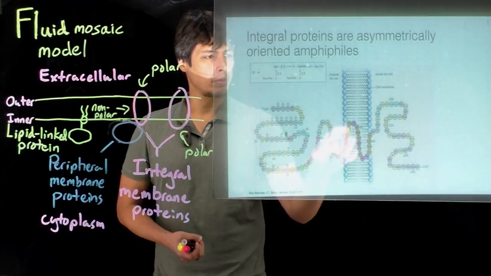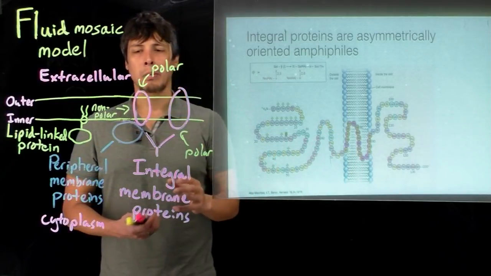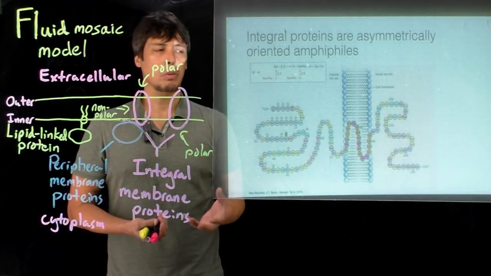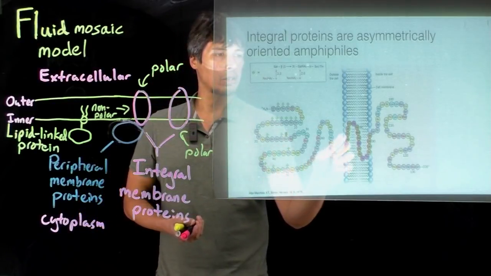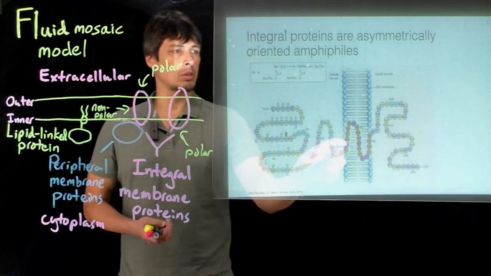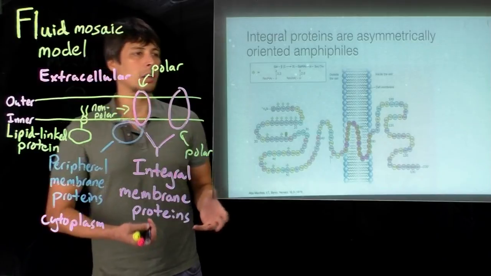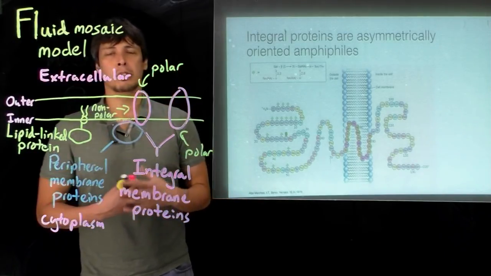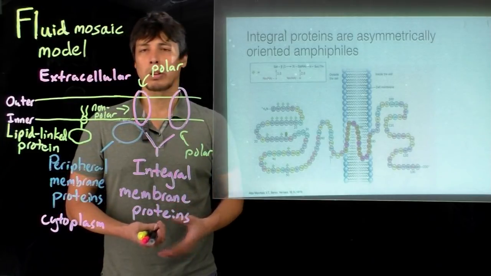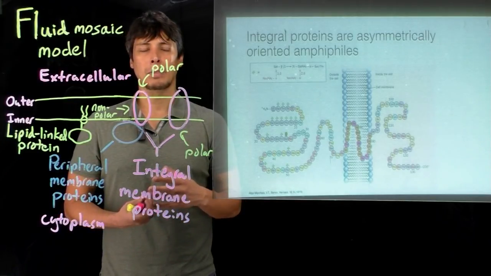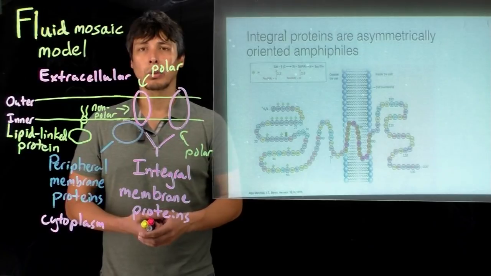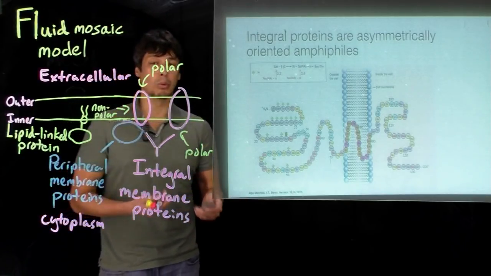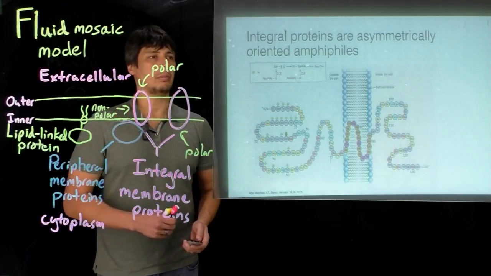Whereas the region that goes through the membrane, known as a transmembrane domain, has more hydrophobic residues such as leucine, isoleucine, glycine, and alanine, and there are very few charged or polar residues in the chains that actually go through the membrane.